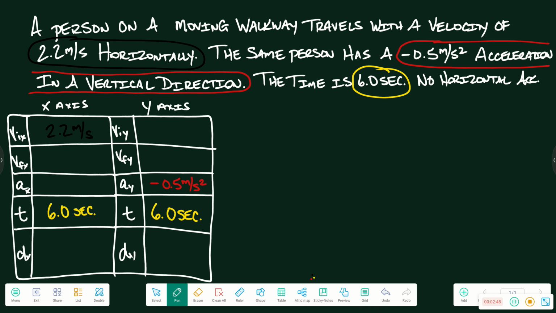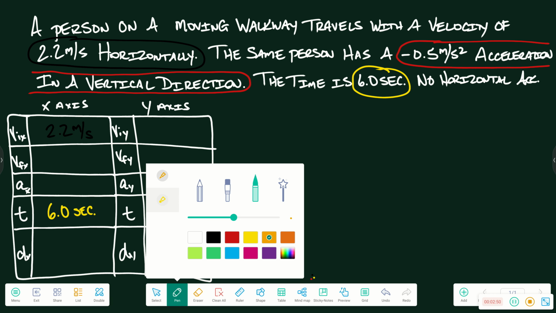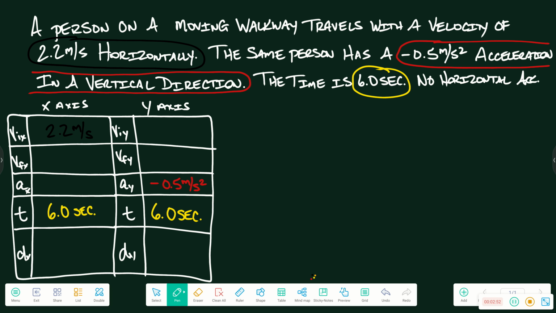All right. And now the next thing, no horizontal acceleration, which tells you that this is 0.0 meters per second squared. It also tells you that the final velocity of x is also 2.2 meters per second.